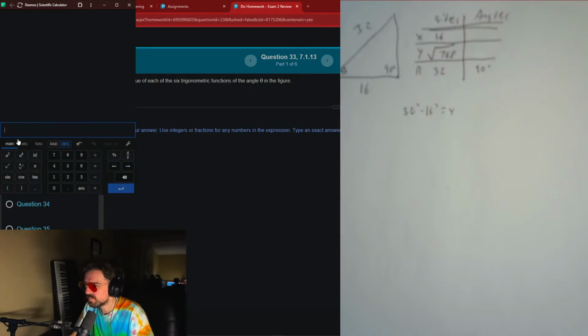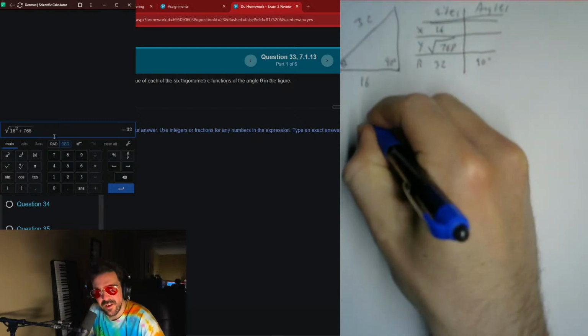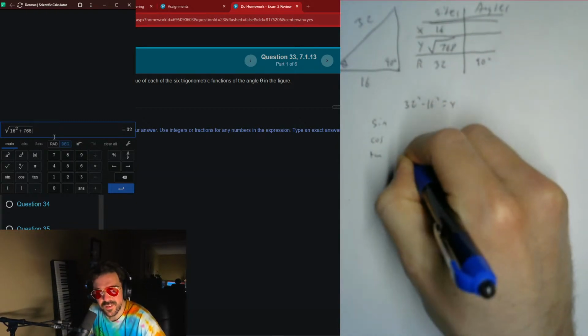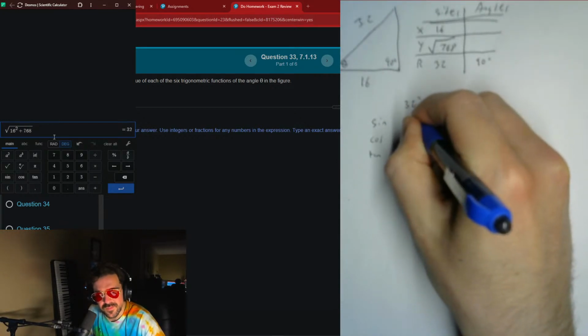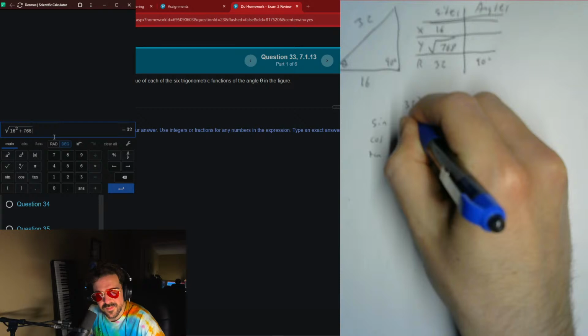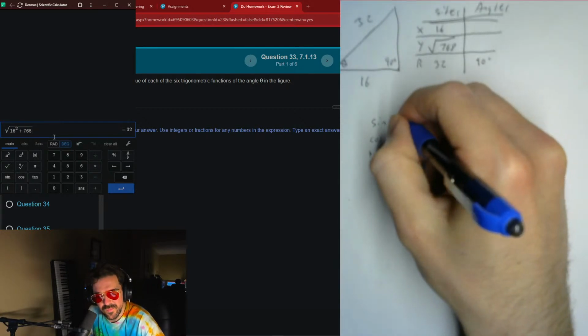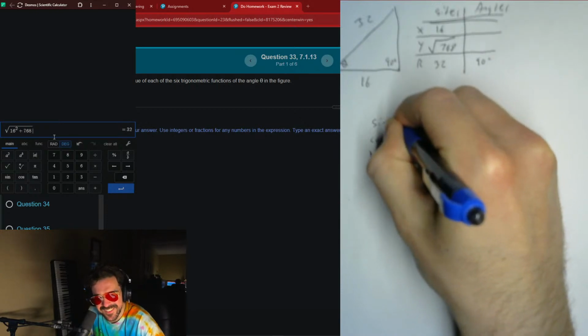All right. So we have our answer. Square root of 768. So sine, cosine, tangent, cotangent, secant, cosecant. So x. Yeah, square root of 768 over 32.